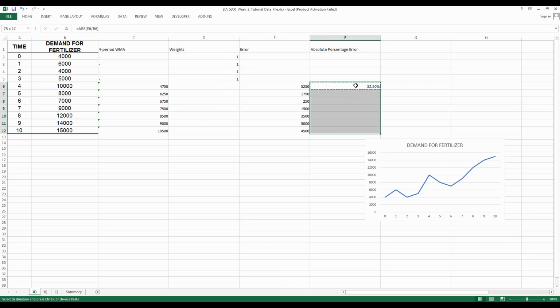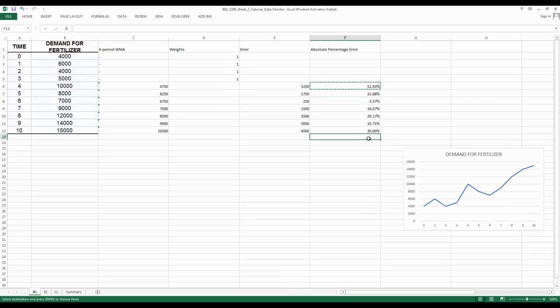Copy that down. I'm going a little bit quick because we've done all this before. We did the weighted moving average formula before with SUMPRODUCT. We did the error, we did the APE. You can find the MAPE is equal to the average of those.